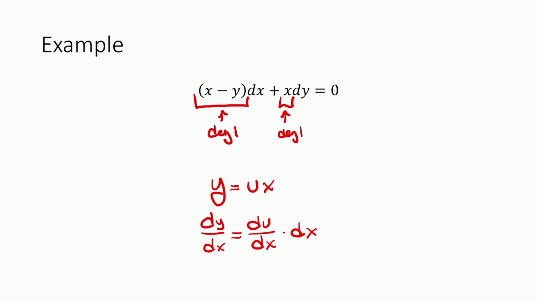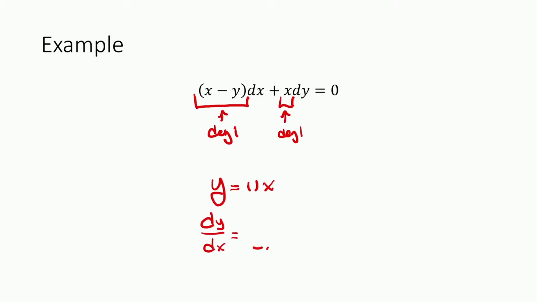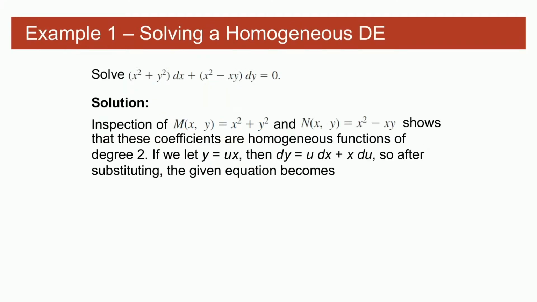Let me back up here. Whoops, that was too far. Come on, buddy. I hate PowerPoint on the iPad. Okay, let me try again. So y is equal to u times x. Let me just go back and make sure I'm doing this right. That's Bernoulli. Okay, yeah, there it is. There's the dy.